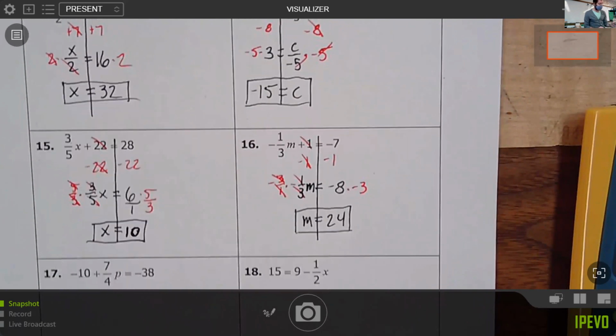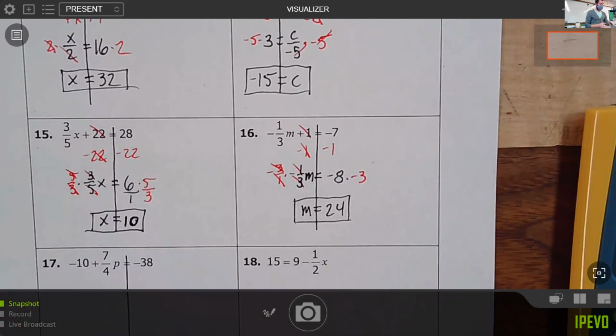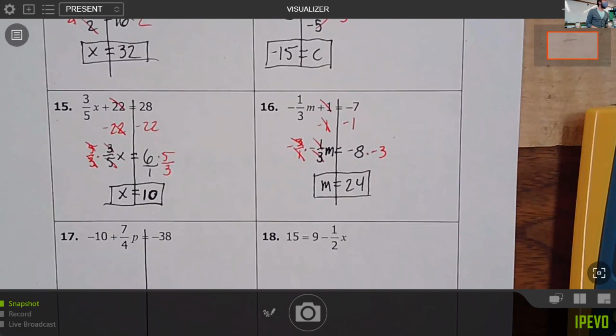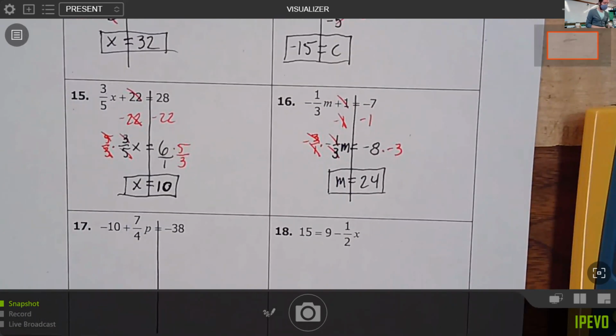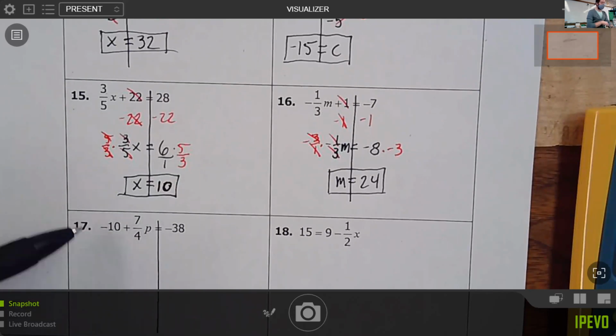All right, number 17. What's the first thing on this one? What do we have to do first on number 17? Add 10, good. The number with the variable is being multiplied here, so we're not going to do anything with that yet. It's a positive 7 fourths multiplying by the variable, but the addition or subtraction part comes over here.